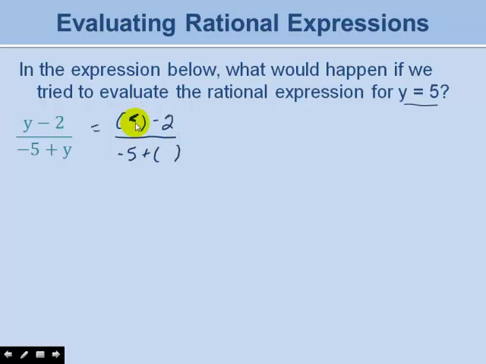Now if we use our replacement value of 5 and simplify, on the top we have 5 minus 2, which is 3. On the bottom we have negative 5 plus 5, which gives us 0. Since we're dividing by 0, this gives us an expression that's undefined.